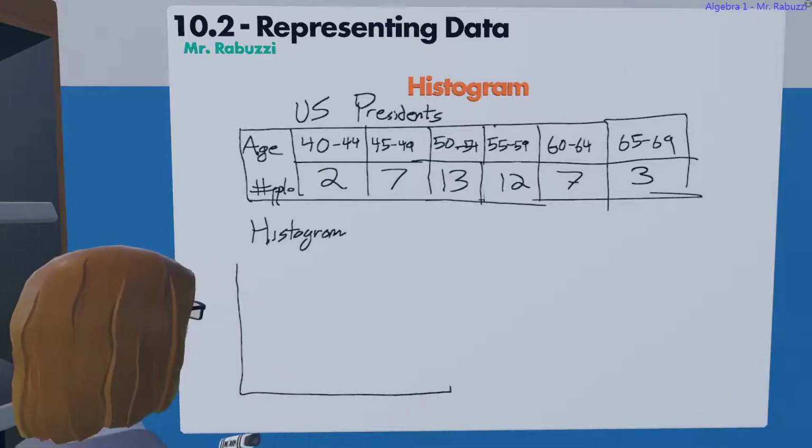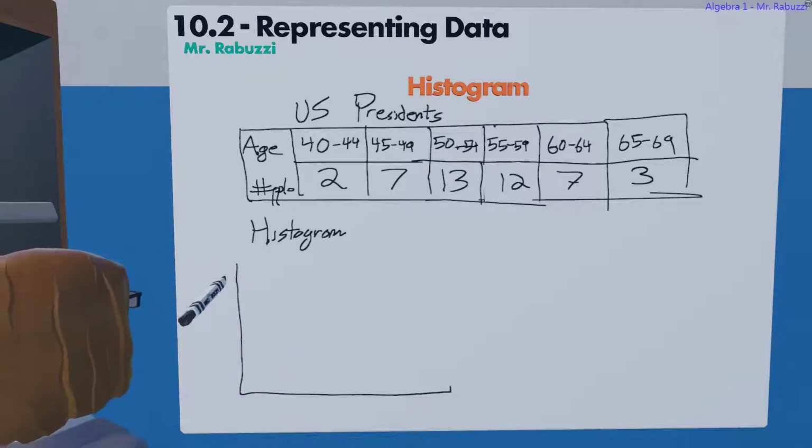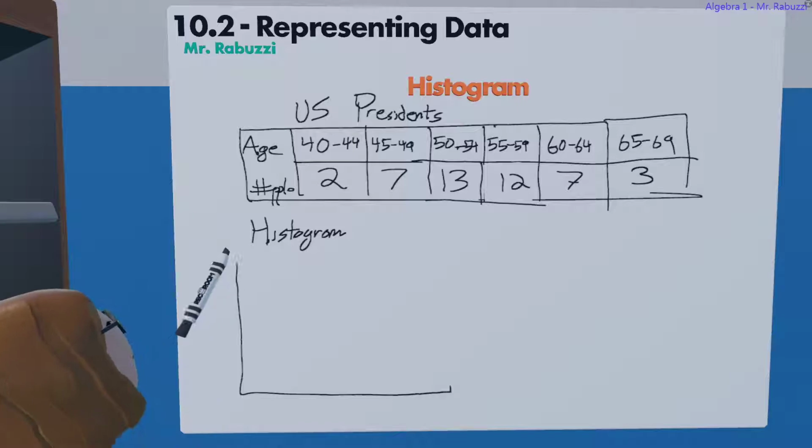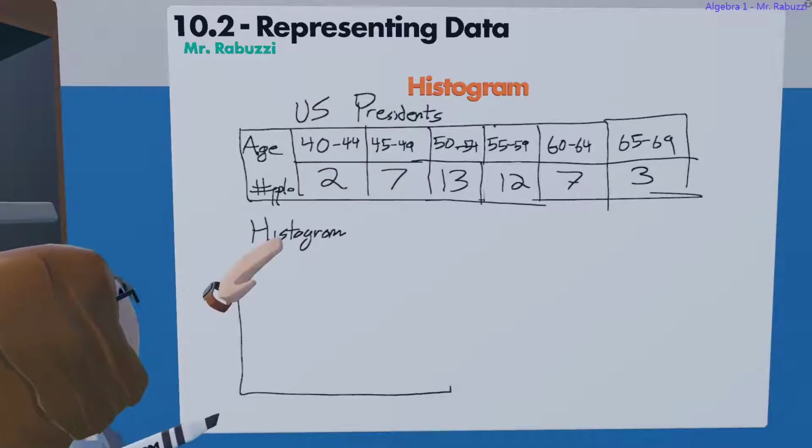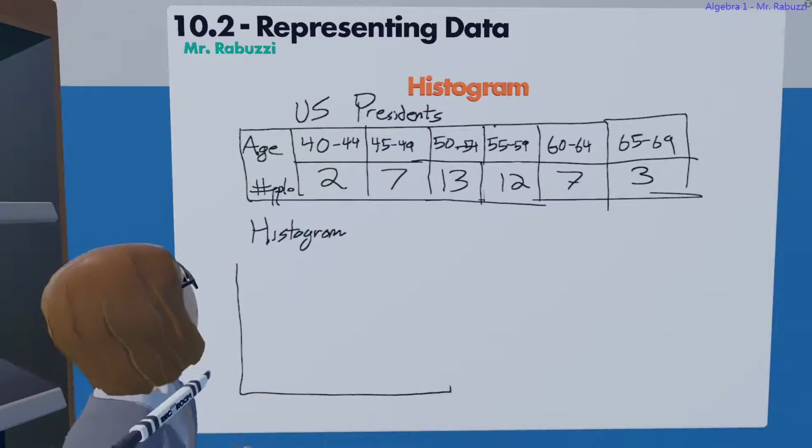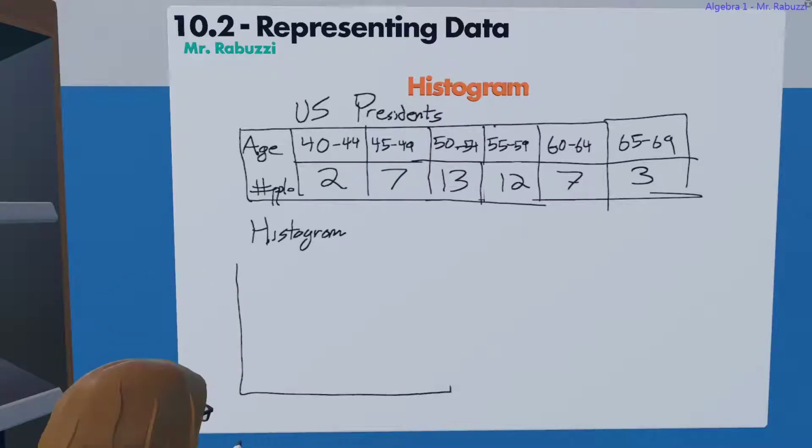We make our axes, okay? On the bottom, though, we put our ranges. So what are the age ranges? One of them is 40 to 44. So we make a chunk here and it says 40 to 44. Then the next group is 45 to 49.